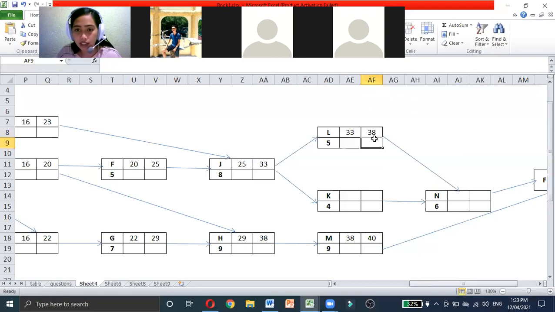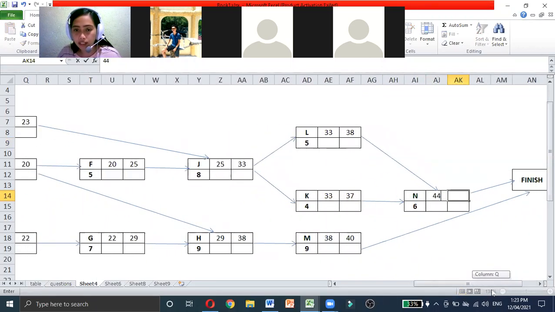How about K? 33, and then EF 37. And then how about N? 38, and then 44. Okay, up until the finish.